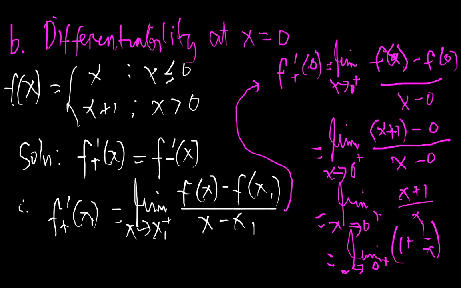This is equal to undefined. Why? Because the limit of 1 over x as x approaches 0 from the right does not exist. So this becomes 1 plus infinity, or undefined. So therefore, this is equivalent to undefined.